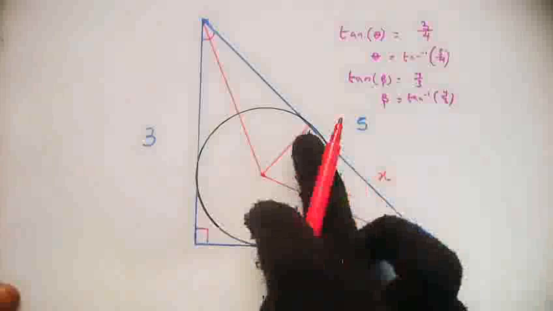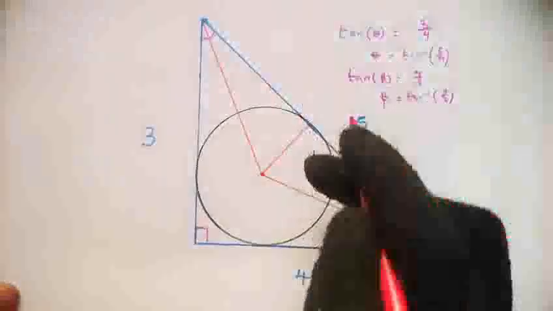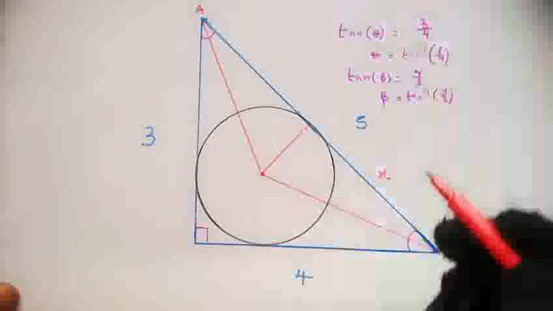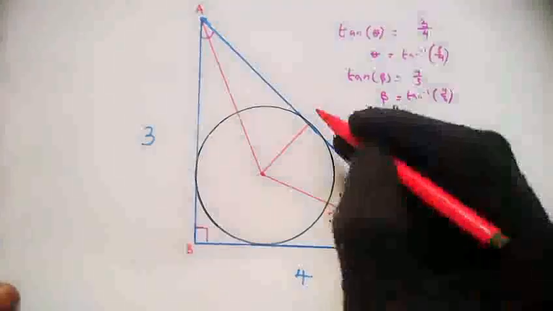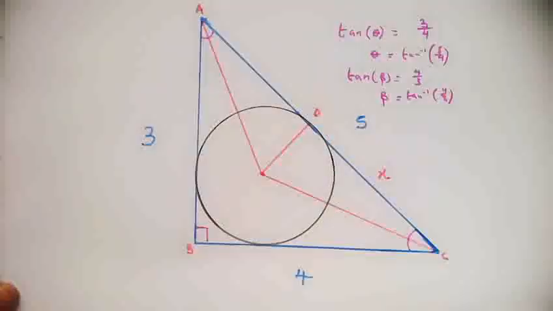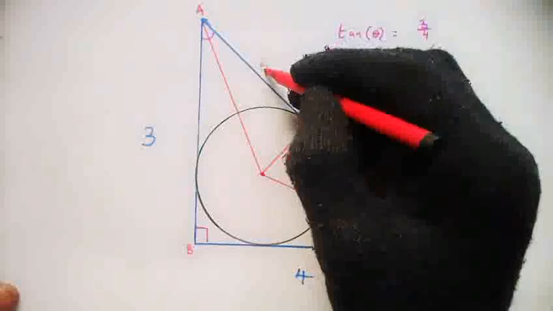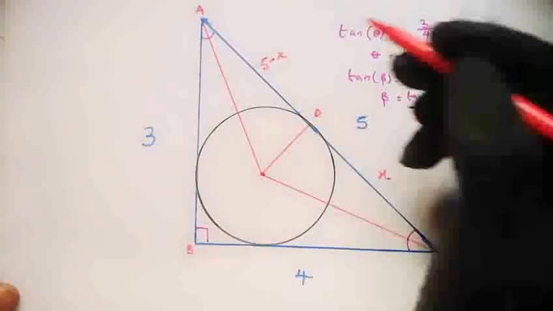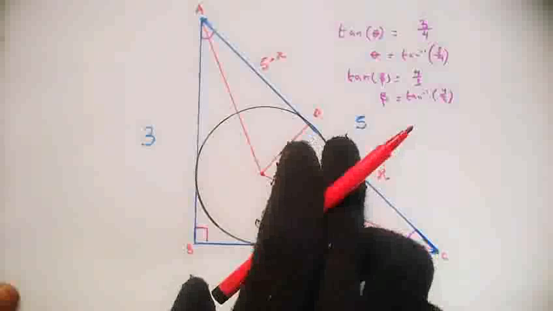Okay, now let me denote here. Let me say from this length to this length is x. Let me say here is A, here is B, here is C, and here is D. Now we all know that AD is 5 minus x, because when you add this length and this length, you get this 5 here.